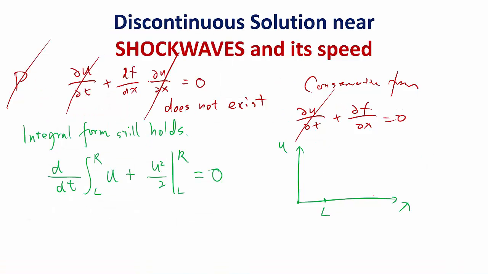If I have a discontinuity, just like what I have here, and my L and R actually includes that discontinuity. Do I still have a time derivative even when the shockwave moves? Yes.